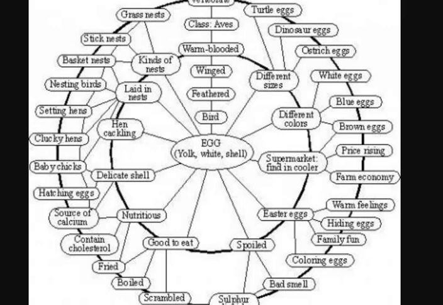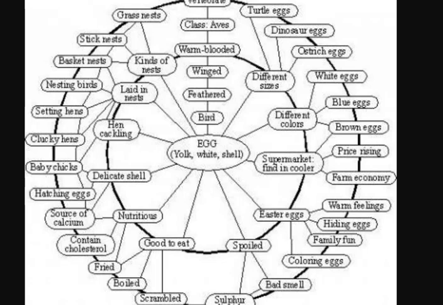There are so many different connotations of what eggs are, and we may not consciously think about it, but we think of eggs in so many different contexts, and depending on that context, we think of different things. When we think of an egg, are we thinking about breakfast? Well, if we're talking about breakfast, then let's look at the eating components. They're good to eat, fried, boiled, or scrambled. They're nutritious. They have cholesterol, but they have a lot of calcium.